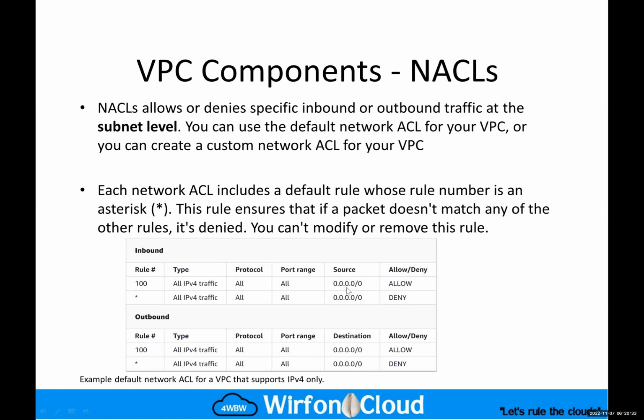This 0.0.0.0 says any source, and the rule is to allow all the traffic. This CIDR block is not the CIDR block of the subnet. It refers to which particular IP addresses are allowed, and in this case, it's saying all IPs.